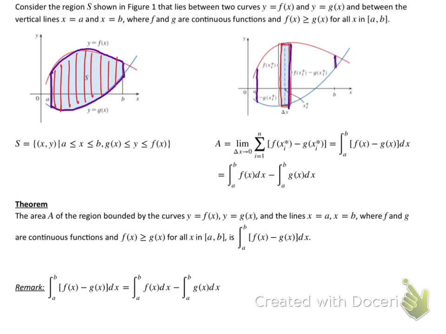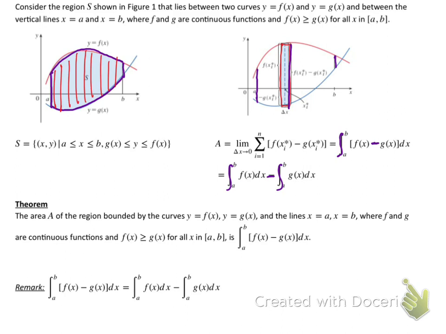Then the function that you put in the integral is f of x minus g of x. And of course, that is equal to the difference of the integrals. The integral of a difference is the difference of the two integrals. And that is pretty much how we are going to compute it.